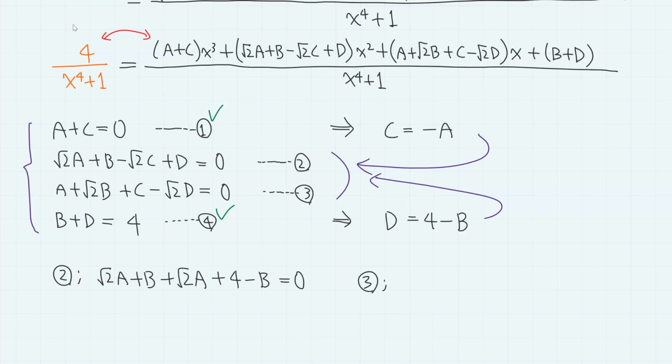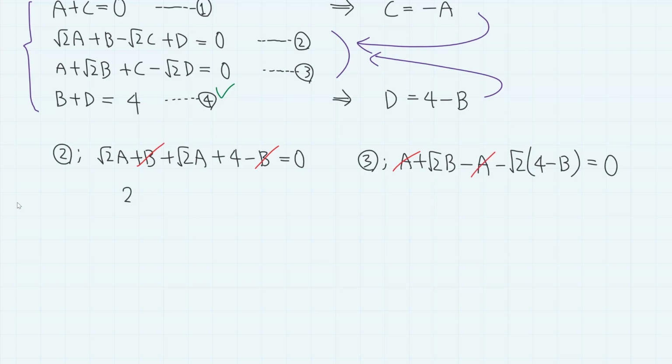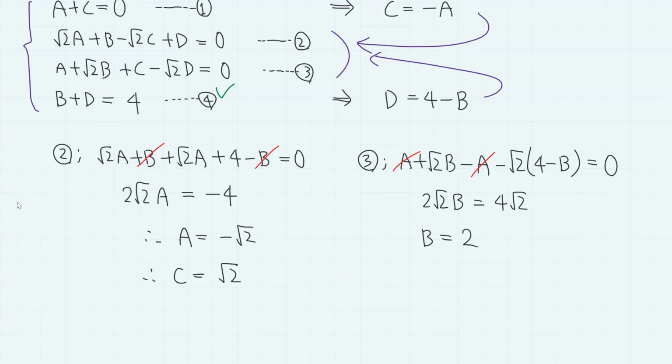And from equation 3, we have a plus square root of 2 b minus a minus square root of 2 (4 minus b) equals 0. So we have 2 square root of 2 a equals negative 4, and 2 square root of 2 b equals 4 square root of 2. So we have a equals negative square root of 2 and b equals 2, which gives c equals positive square root of 2 and d equals 4 minus 2, hence 2.